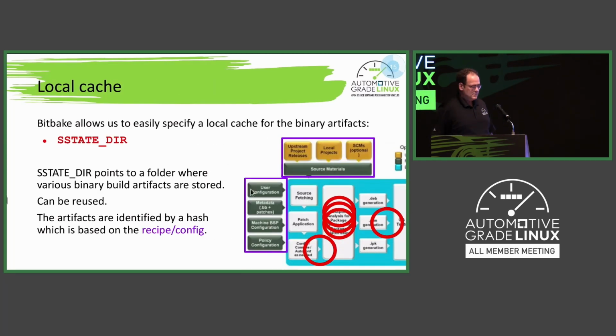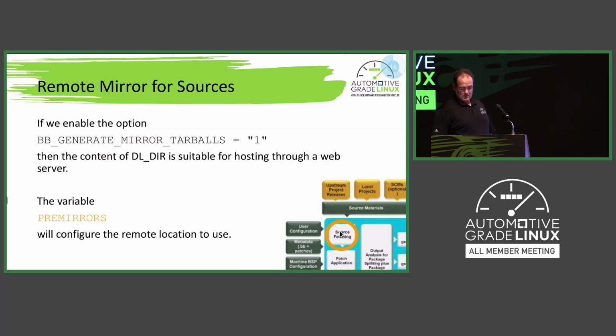We have the SSTATE_DIR. The SSTATE_DIR is the binary cache, and that will act on a number of places because in different sections of the build process, we have binary outcome, essentially. So this has multiple binary artifacts. It can be reused, and it is basically speeding up the builds quite a lot.